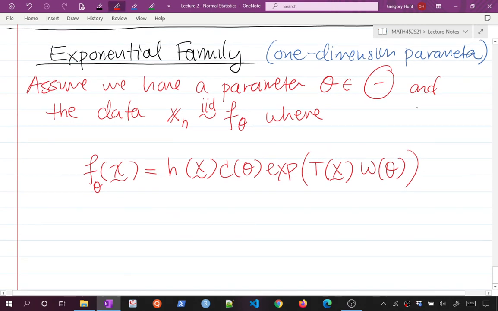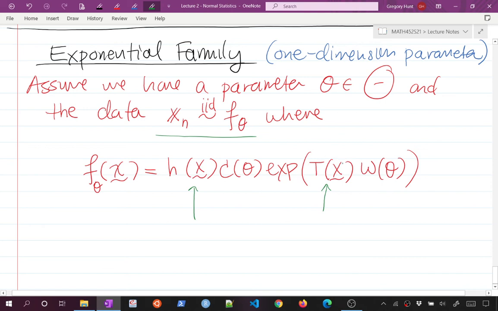So we have some data. It comes from one of, we don't know which, but some distribution f, parameterized by a parameter theta. Theta lives in some bigger set, whatever. The PDF, let's say the joint PDF of these x's, has the following form. It is a function h that depends on the data, multiplied by some function c that doesn't depend on the data, it depends on the parameters, times the exponent of a similar kind of situation.